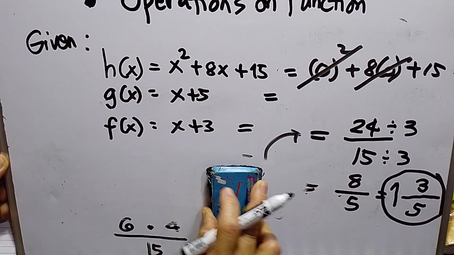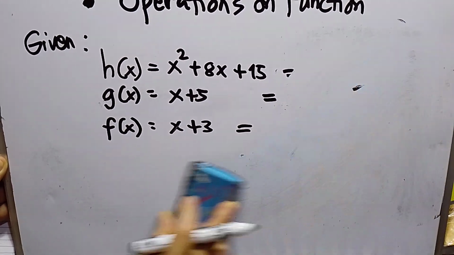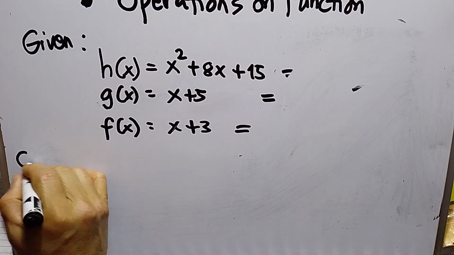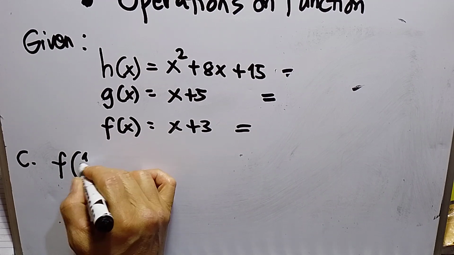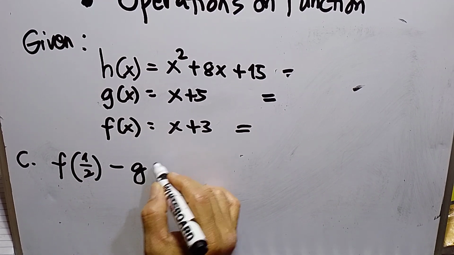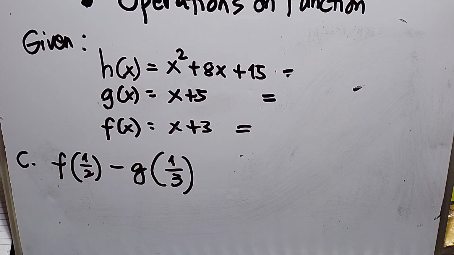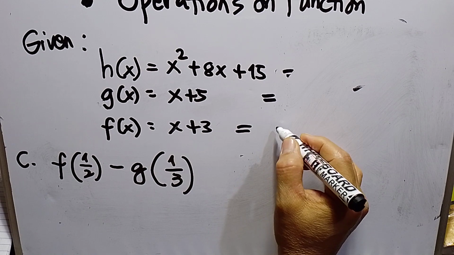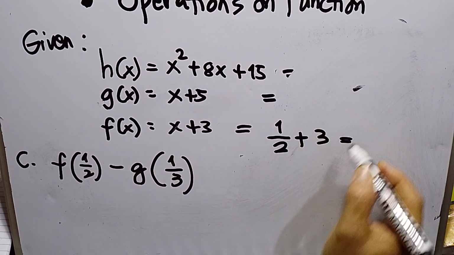Now let's proceed to letter C. Letter C is f of 1/2 minus g of 1/3. So f, this will be 1/2 plus 3. So the LCD, right?